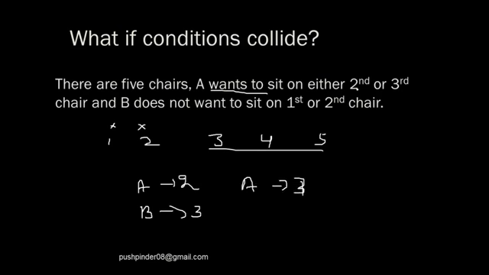He wants to sit on either second or third. Once we make him sit on second chair, now we make him sit on the third chair. Now if he sits on the third chair, now B is only left. Now he can't sit on 1, he can't sit on 2. 3 has already been taken by A. That means there are only 2 choices left for B. Now you see the conditions are colliding. The choice of A is changing the choice for B.